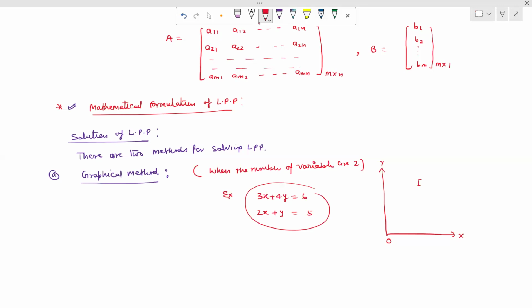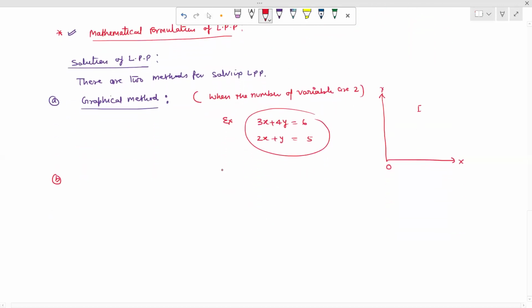If more than two variables are given, how will we solve it? So we have a very powerful method, whose name is the simplex method. This is a very powerful method to solve any type of problem, known as the simplex method.